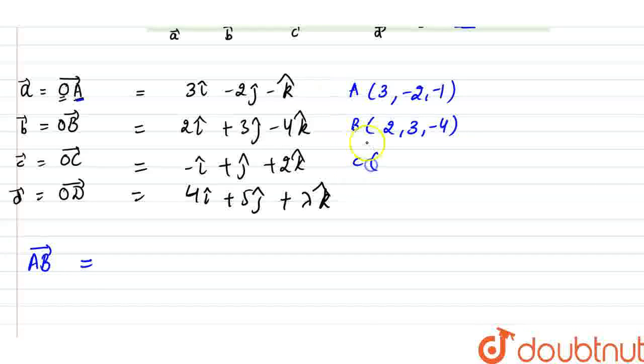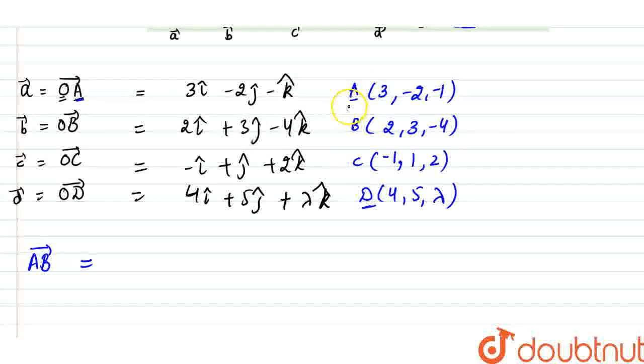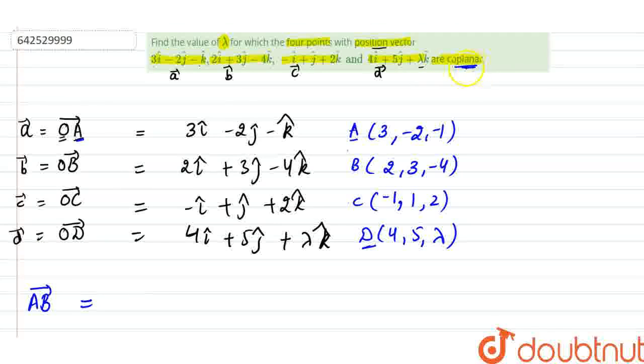And similarly, we find out AC vector, -1, 1, 2 are the coordinates of C, and similarly, we will find out AD vector, this is 4, 5, and lambda, coordinates of D. So AB, AC, and AD will give vectors that will lie on the same plane, and this is what we mean by coplanarity.